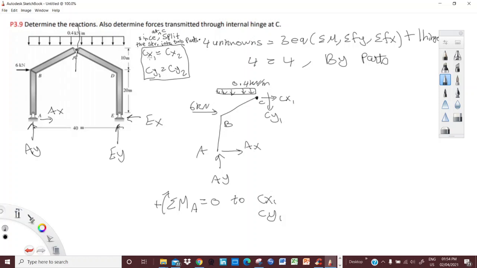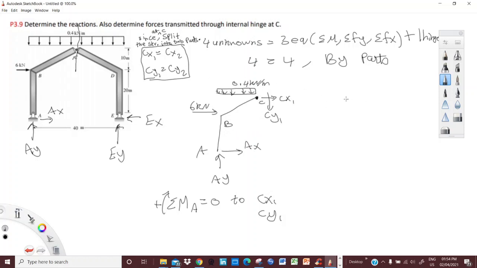Therefore, you will find Cx1 is equal to Cx2 and Cy1 is equal to Cy2. Therefore, we need to take the moment at A in order to find Cx1 and Cy1. So you can solve it right here.